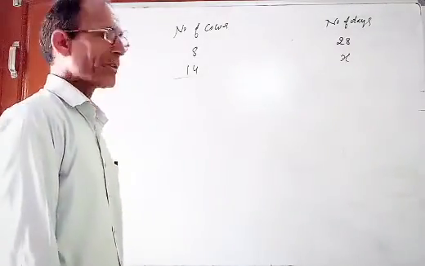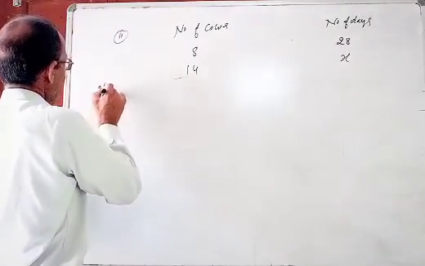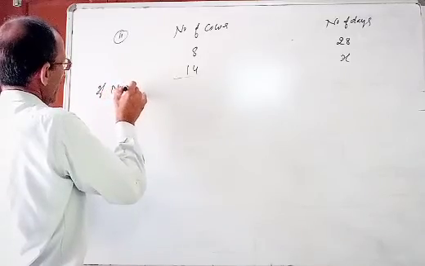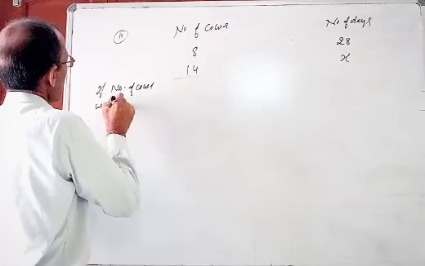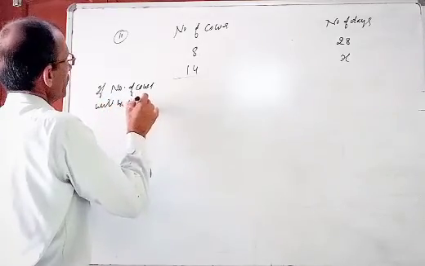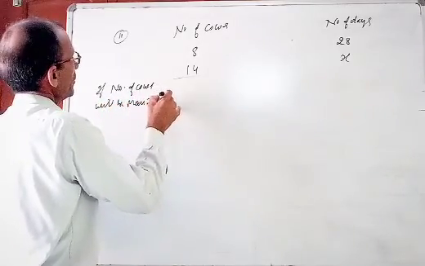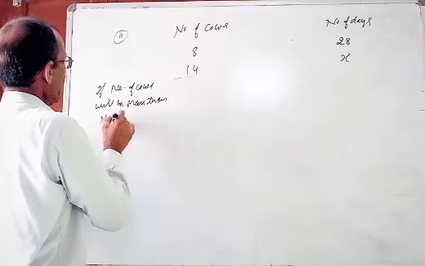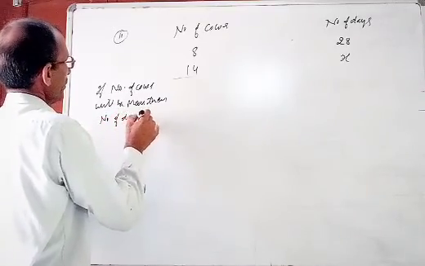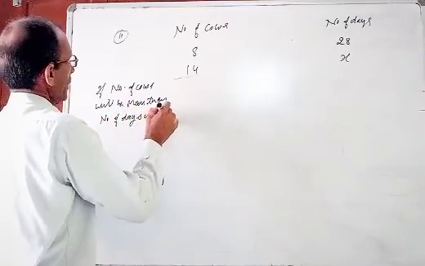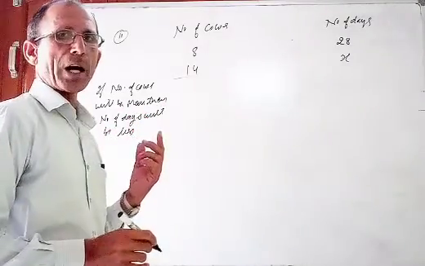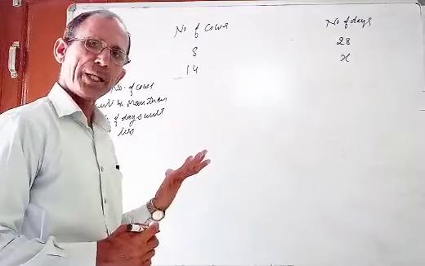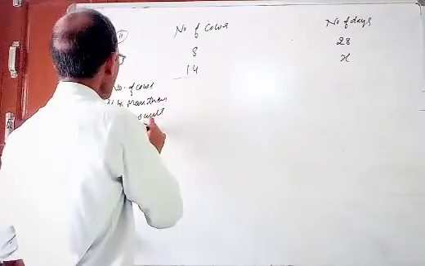If the number of cows is more, then the number of days will be less. If the number of cows is less, the number of days will be more. So this is inverse variation.